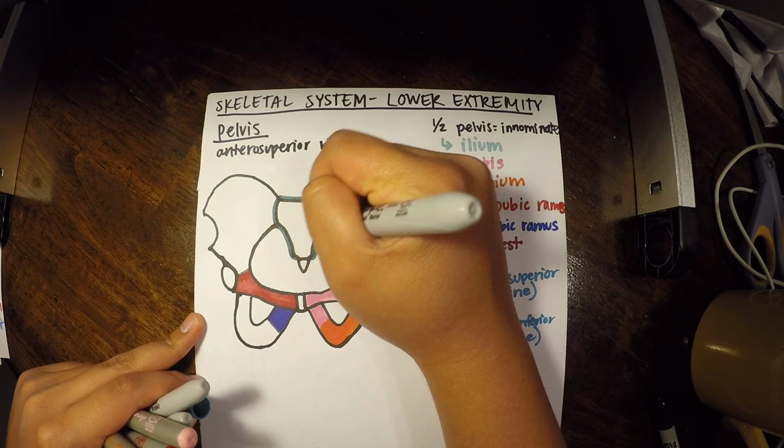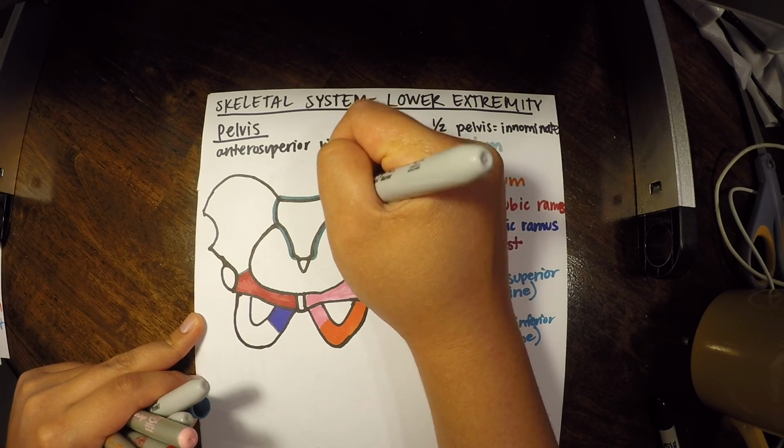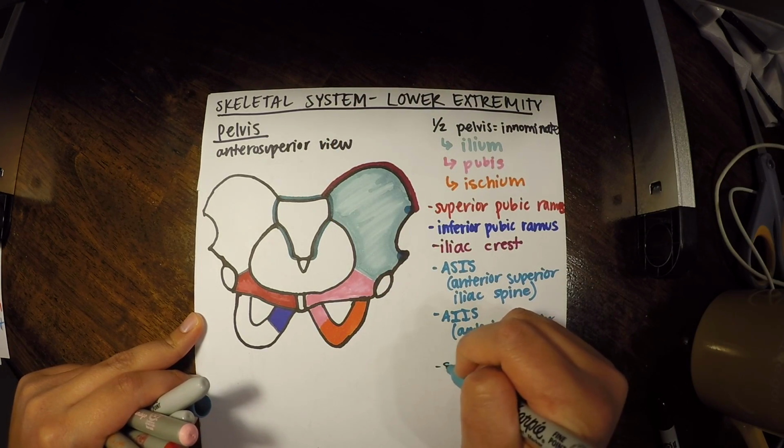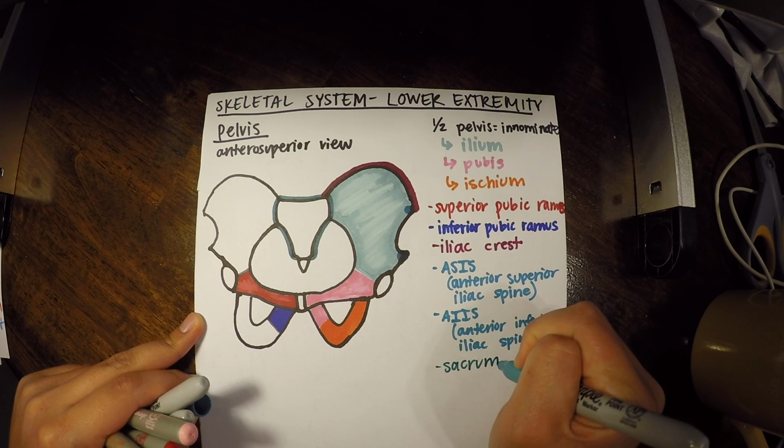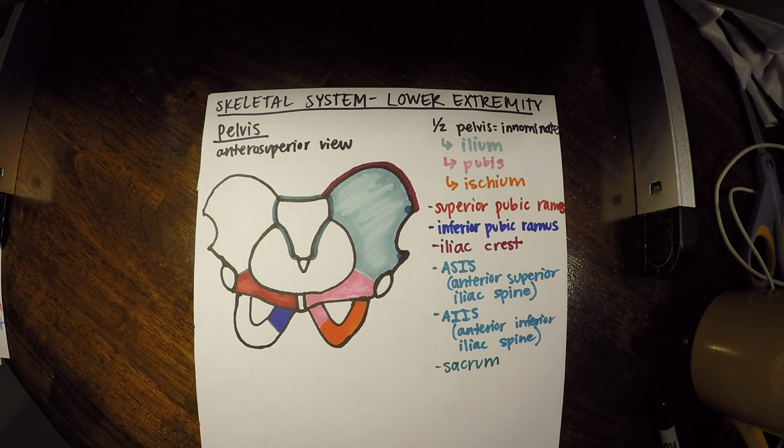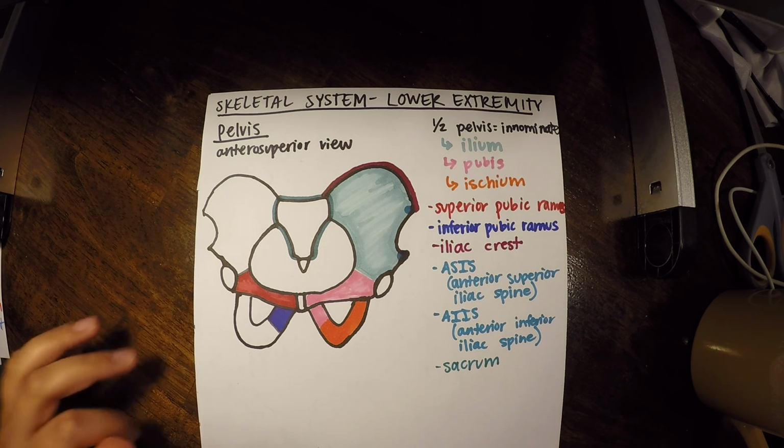So it's this nice deep teal color is our sacrum. Now within that, we have a few different things to label, and I actually forgot to put a couple of these in.